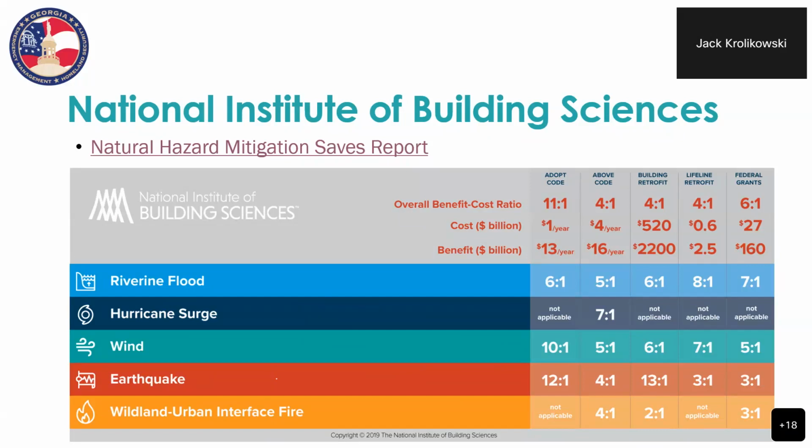Hurricane surge is obviously a little different here, but I think this is one of those reports that really helps us get buy-in from elected officials, particularly at the state level, and our leadership. Once the slides are made available, I believe that link, if kept as a PDF, should be live. If not, please feel free to email me and I can get this National Institute of Building Sciences report and link available to you. Next slide, please.